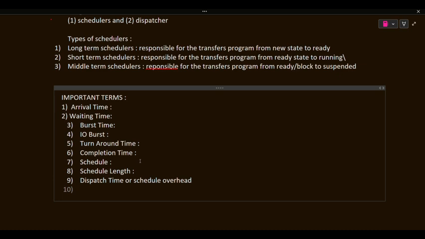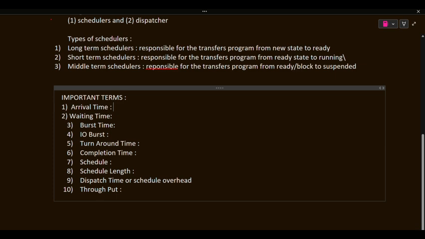And the last one is throughput. Let us see the definition of all these terms one by one.